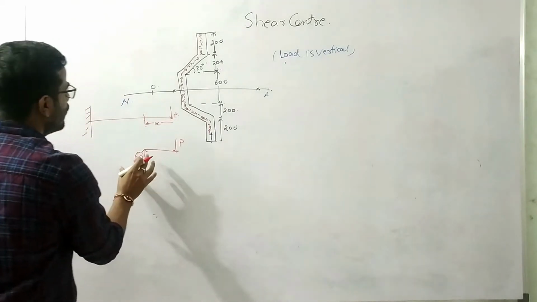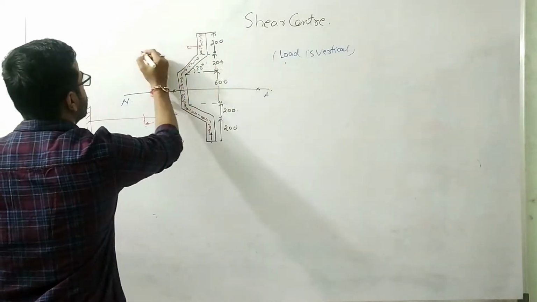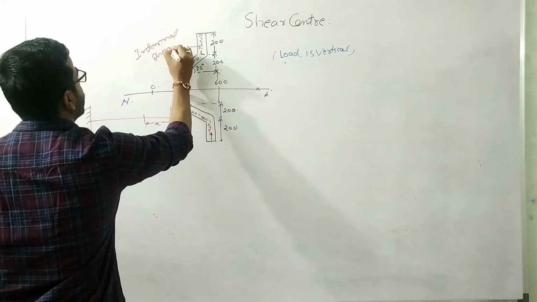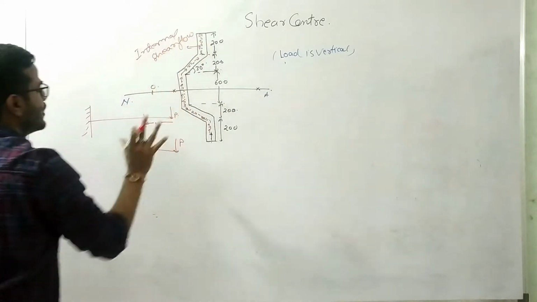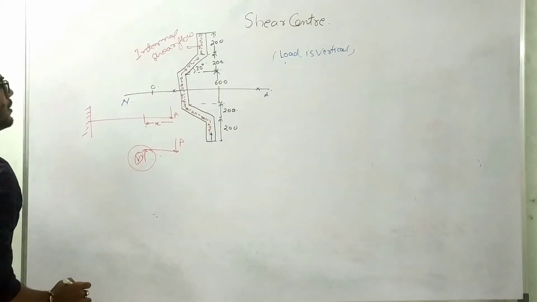So this shear flow is the internal shear flow, and the resultant of this force will give me the value of the total P.